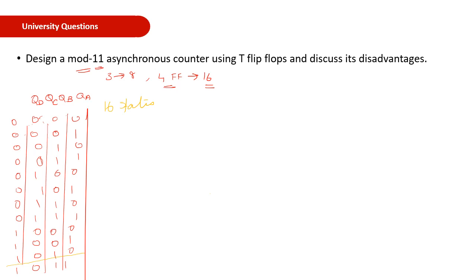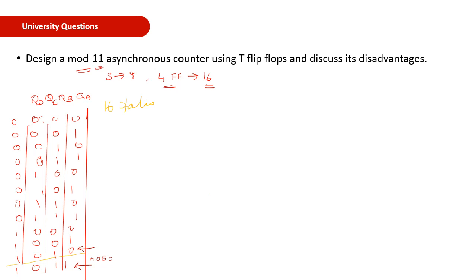This one is the 11th state, and this is the 12th state. Once your counter reaches the 11th state, when it goes to the 12th state, it should automatically reset so that your output will become 0000.